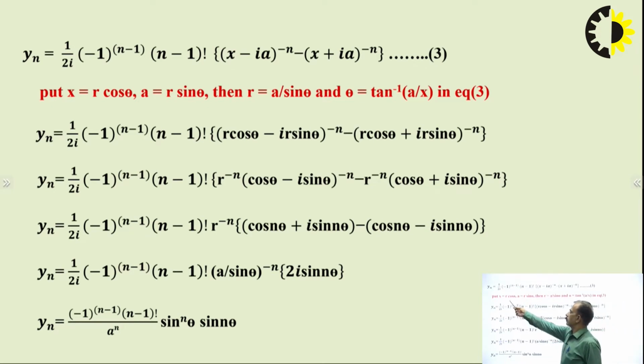Now we put x equal to r cos theta and a equal to r sin theta, then r equals a upon sin theta and theta equals tan inverse a upon x.